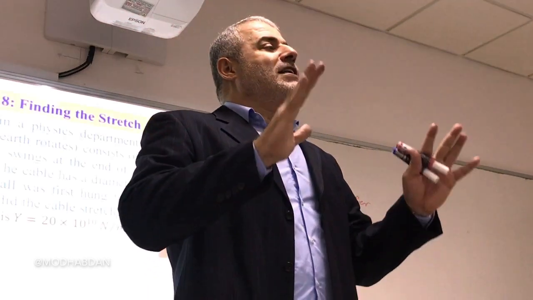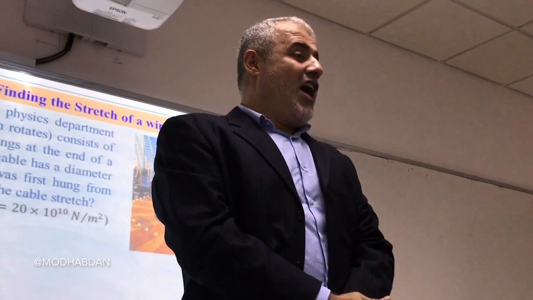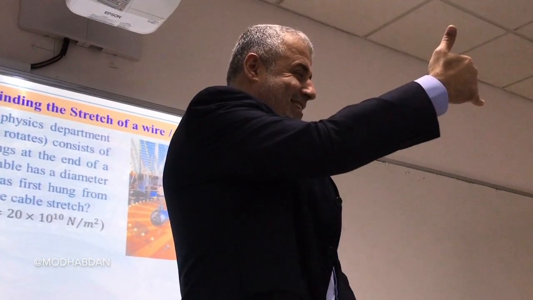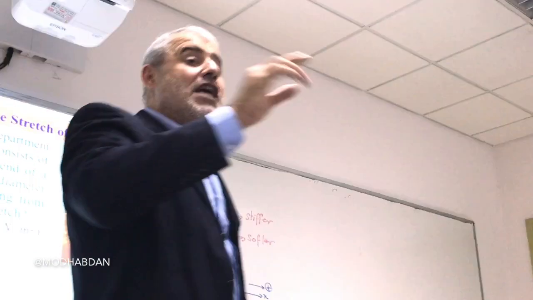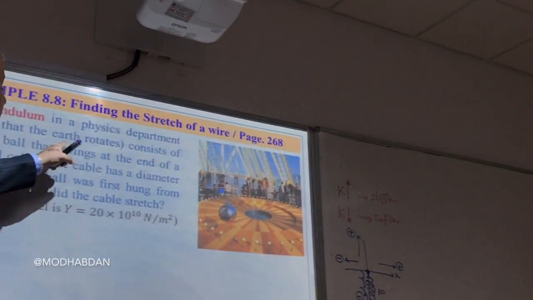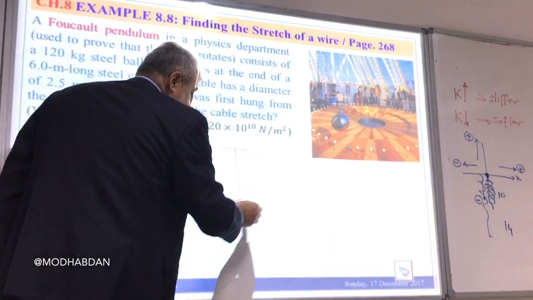That's why you will never feel it. Suppose I'm just standing, looking at that wall. I will rotate and the wall also rotates. For me, nothing changed. Is that right? So to measure the rotation, we use a pendulum.